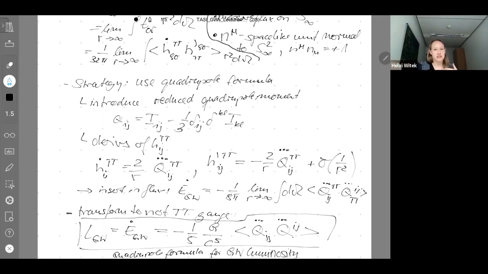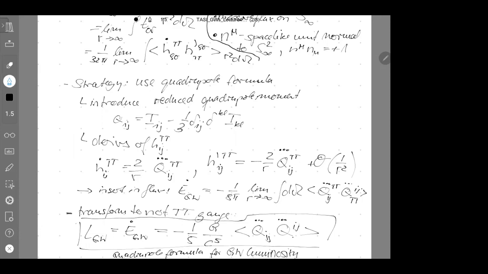So for very large distances, the term that goes like 1 over distance squared is completely subleading, so we neglect it. This curly thing is supposed to be an order operator. So we neglect this last term so that we only have those two contributions from the third time derivative. Okay, very good.